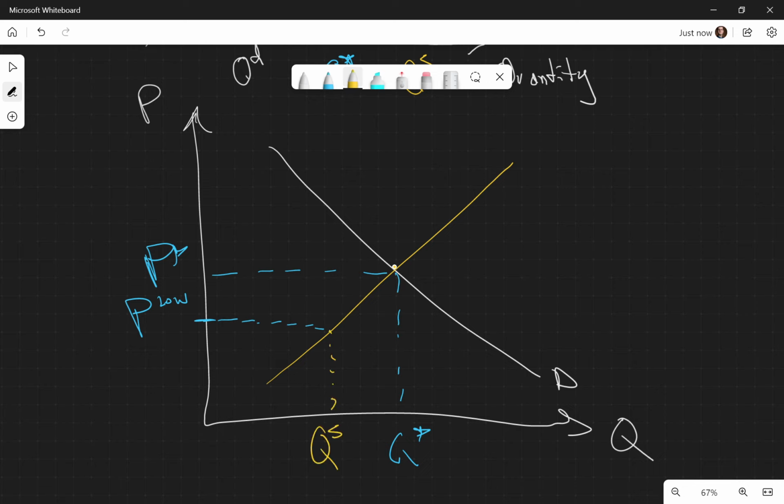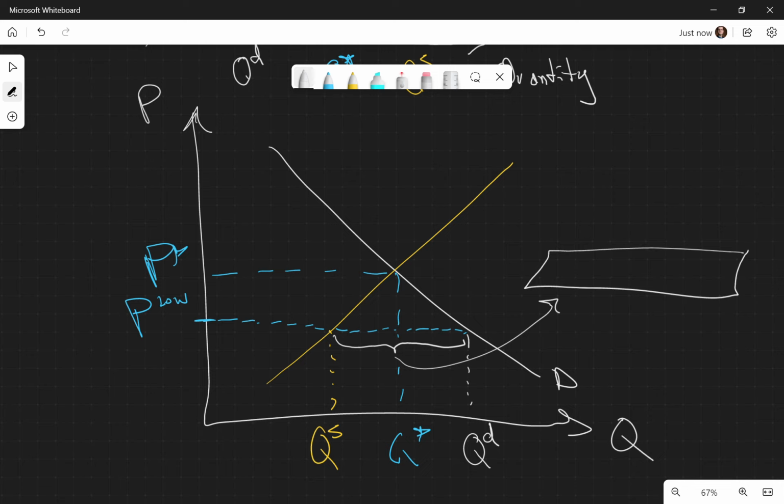The quantity supplied is too low compared to the quantity demanded at that particular price. This situation where we have demand outstripping supply is called what? Shortage. Very good.